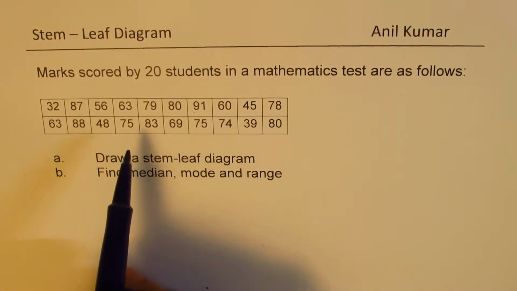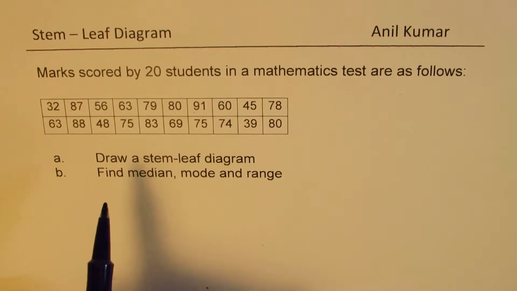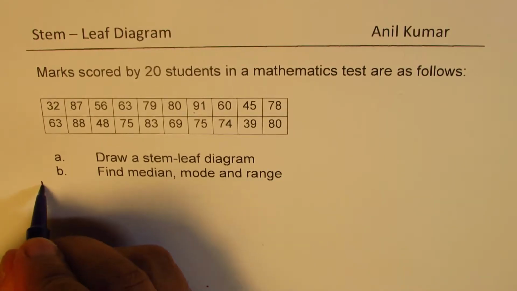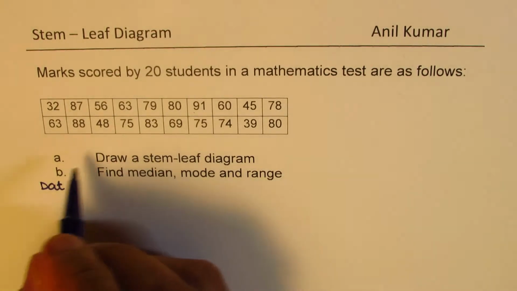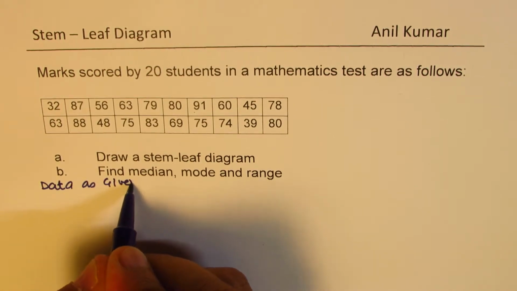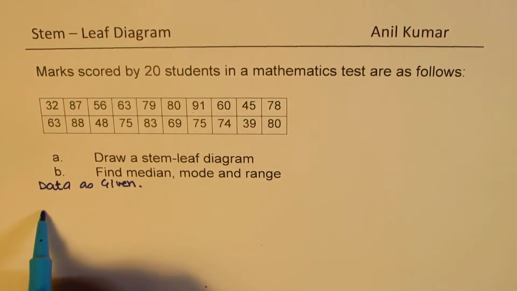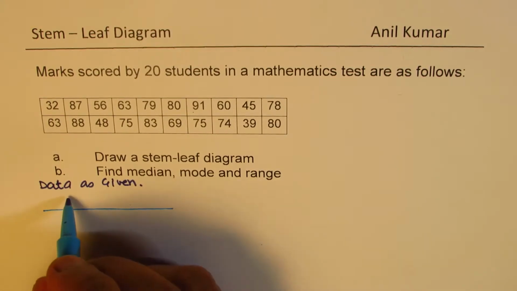In the first step, we'll write down the data as given to us, in the form of stem and leaf. That way we do take longer time, but the idea here is to get it correct.